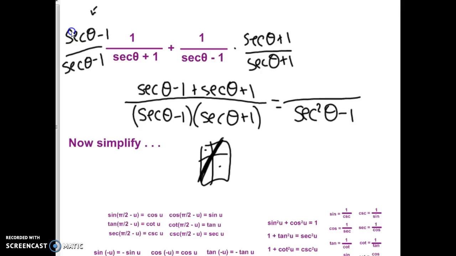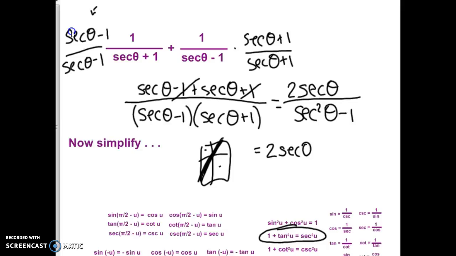My numerator becomes 2 secant theta. The 1's cancel, and I have 2 secants. I could further change this because I have a Pythag identity. Secant squared minus 1 is equivalent to tan squared. So I get 2 secant theta divided by tan squared theta.